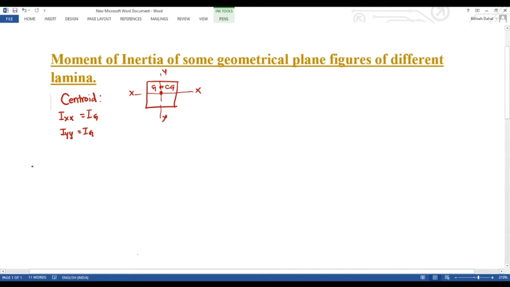Now let us go with moment of inertia of different sections. First one, moment of inertia of rectangular section. For this I'll take a rectangular section.